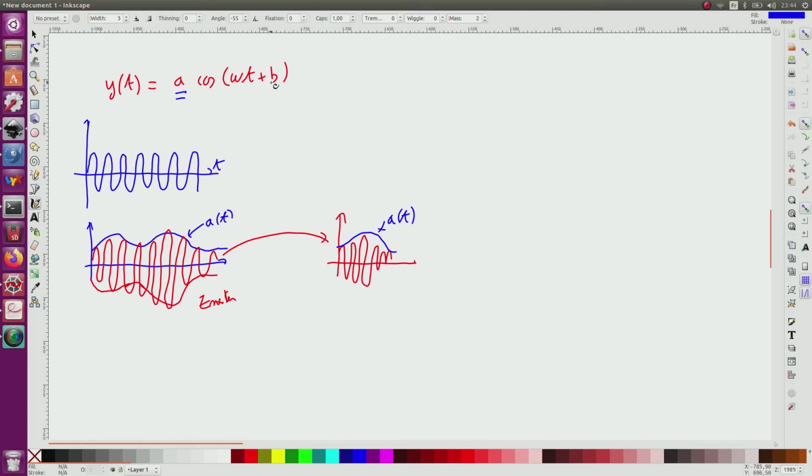Okay, so for the first question, we know that we have to find a state model for this. So we know that it is a sine function. So it can be modeled by a linear second order system. So normally we could take a state variable y and its derivative.